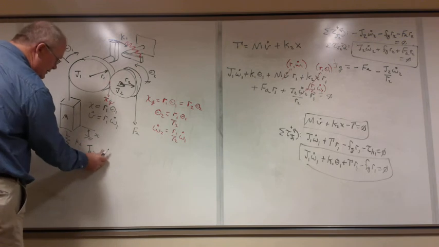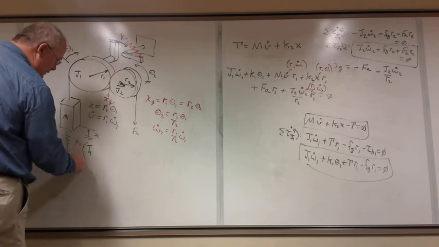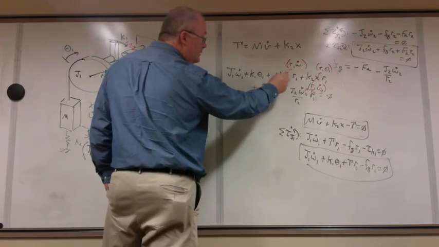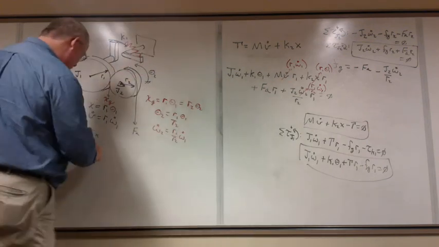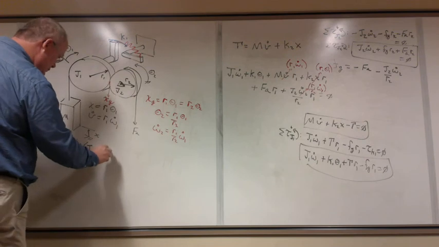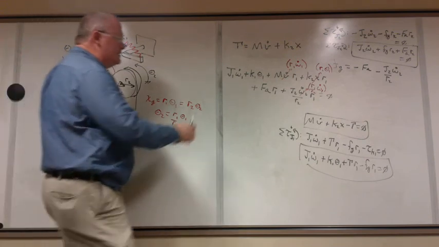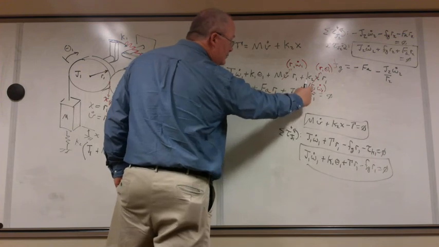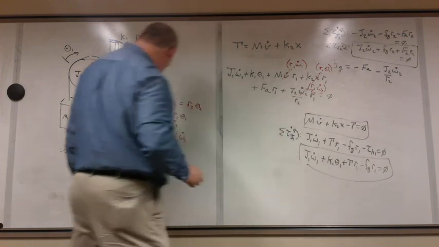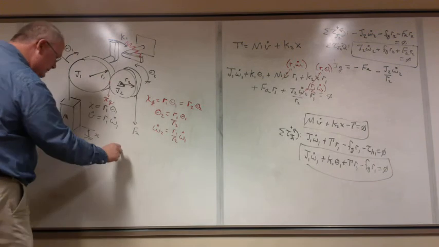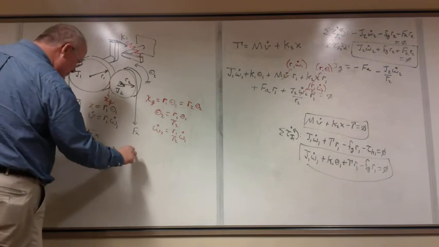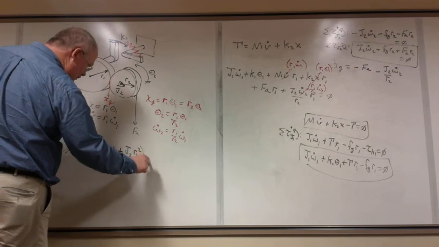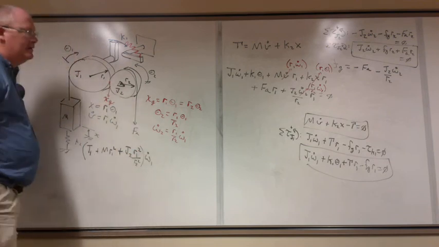I have a J1, that's going to be times omega 1 dot. I have an M R1 squared. Alright, so I've got this term, I've got that term, and then I've got a J2 R1 squared over R2 squared. All that's times omega 1 dot.